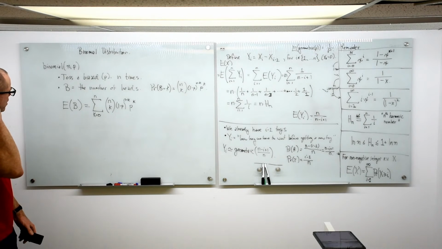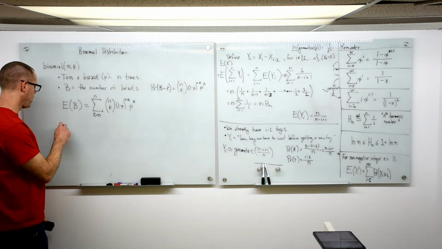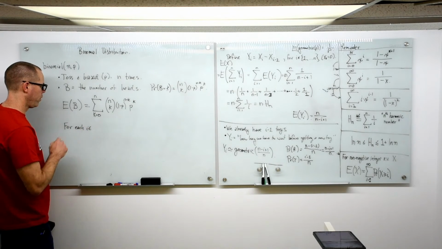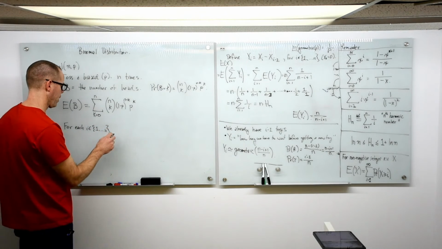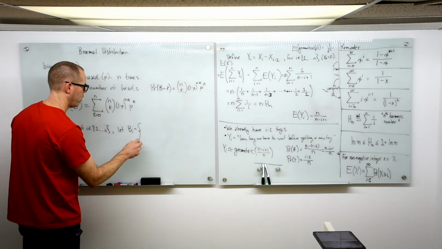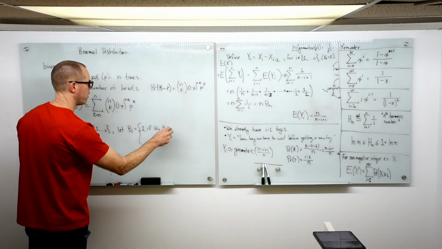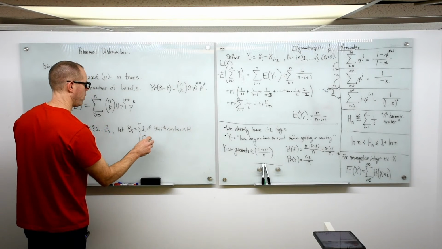Well, B is the number of heads. Is there another way to write B? Well, for each i from 1 up to n, let b_i equal 1 if the ith coin toss is heads, and 0 if it's tails.